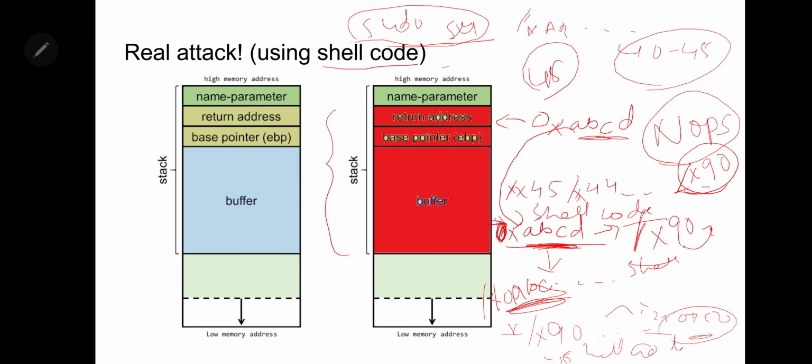Once the program executes, it goes through the NOPs to the shellcode, and that shellcode executes and gives you root access, the access that is being provided by the program. So that is more or less how the buffer overflow attack looks like.